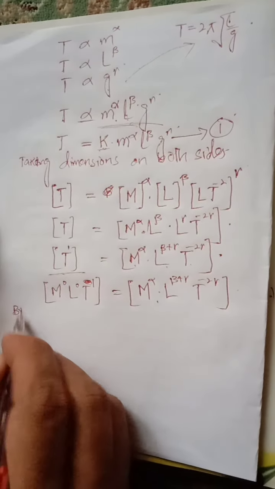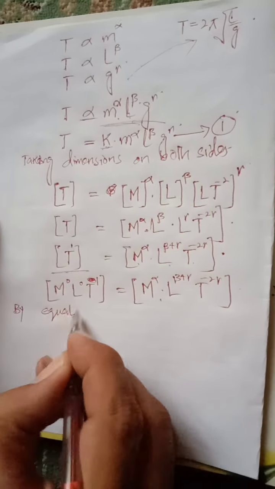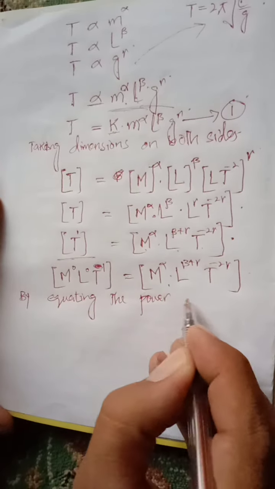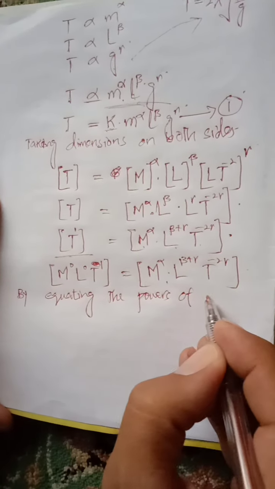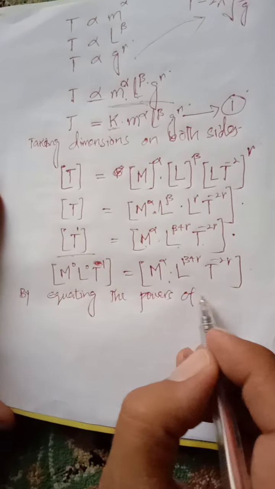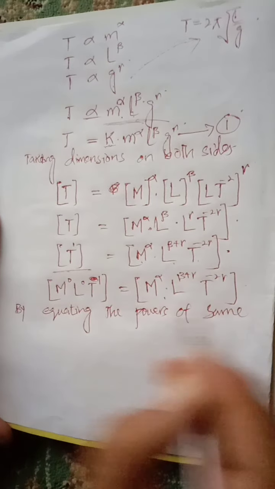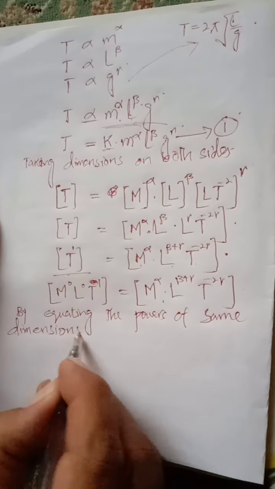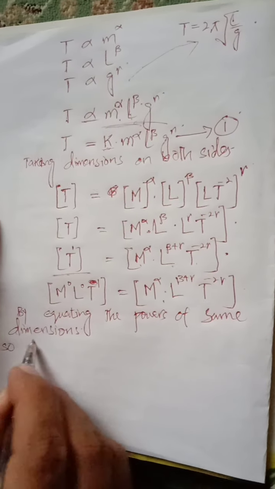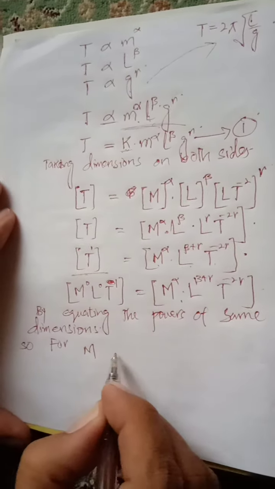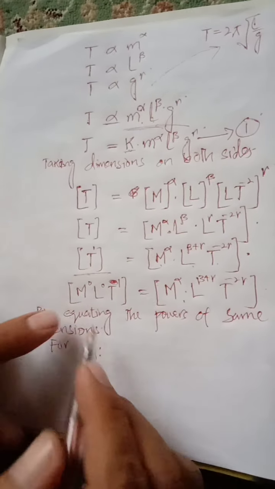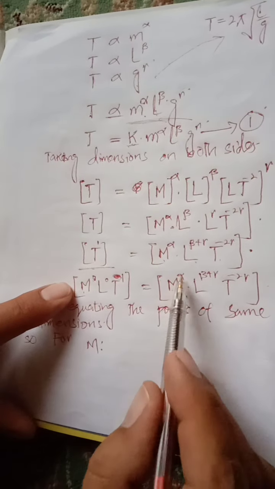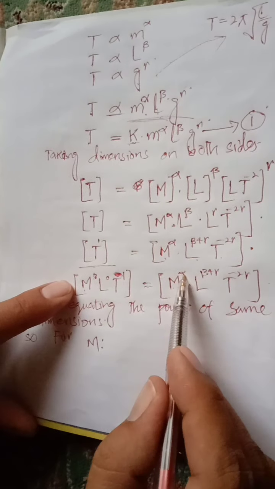So by equating the powers of the same dimensions. For M, if we see here, the power of M is 0 and the power of this M is alpha.